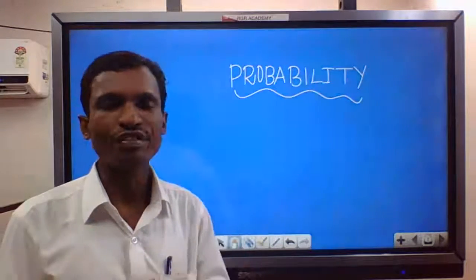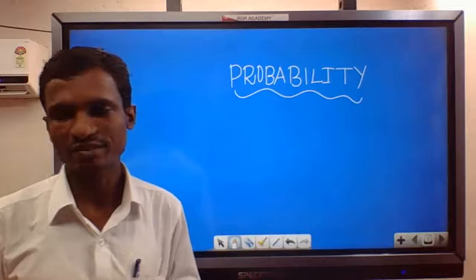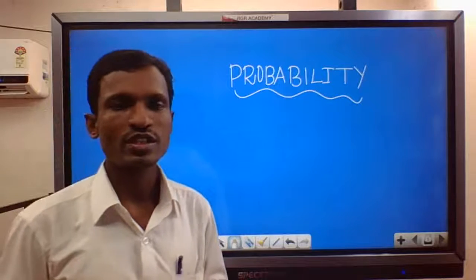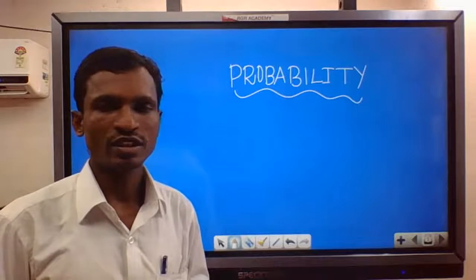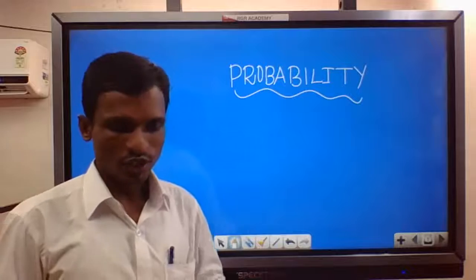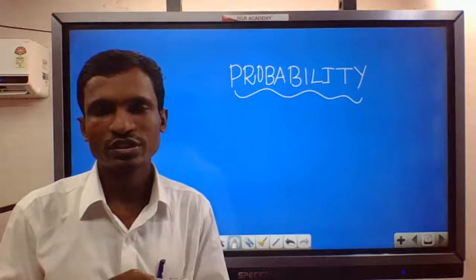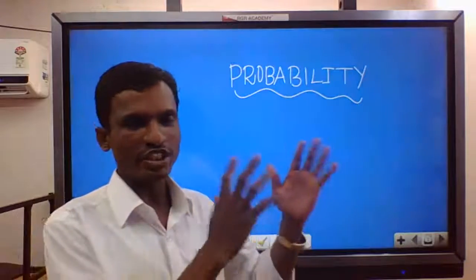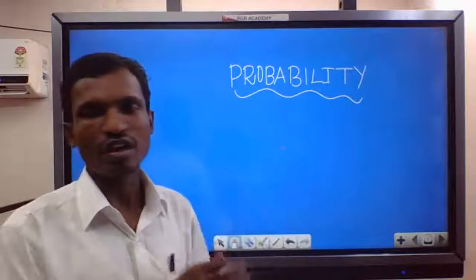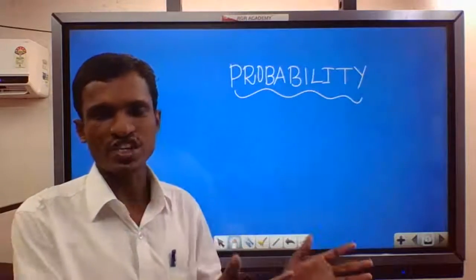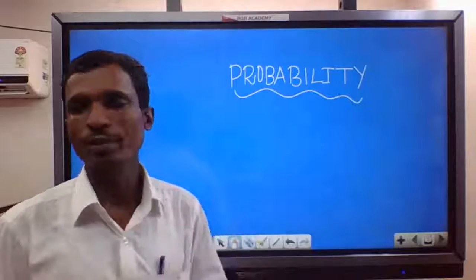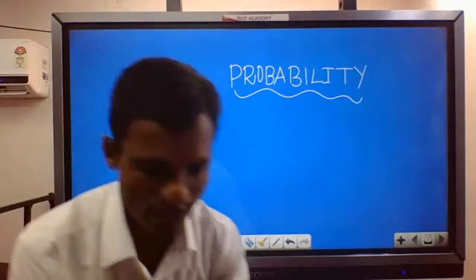These are included in this probability topic, and now we are going to solve problems by applying these formulas and applications to many problems.